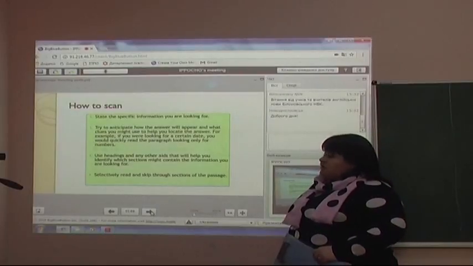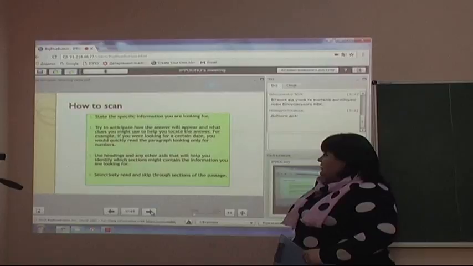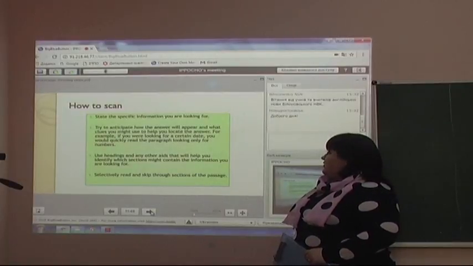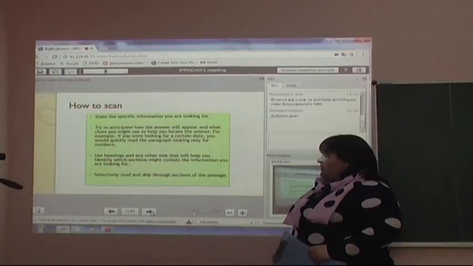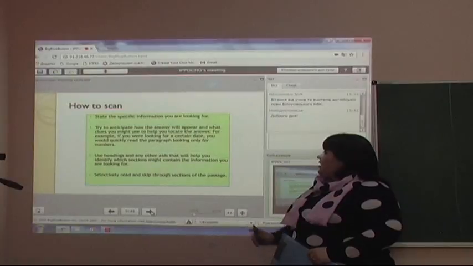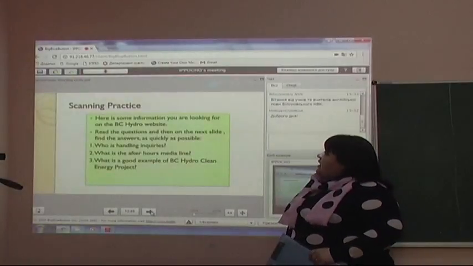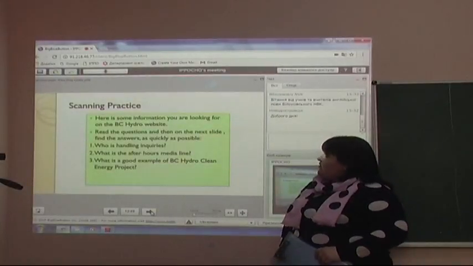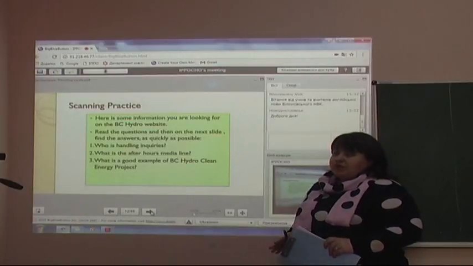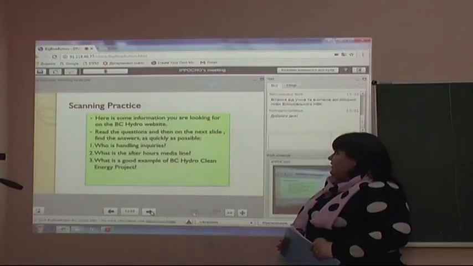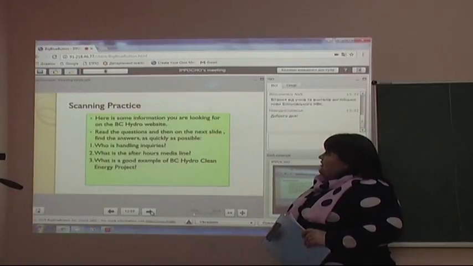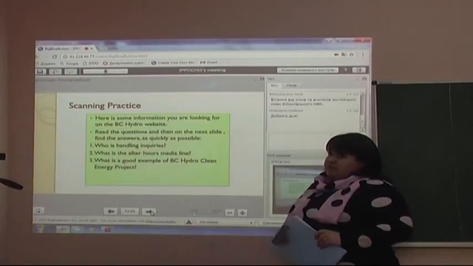Use the headings and any other aids that will help you identify which section might contain the information you are looking for. Selectively read and skip through sections of the pages. And here's some information you're looking for, for example, when you are surfing the net. Read the questions and then on the next slide find the answers as quickly as possible.